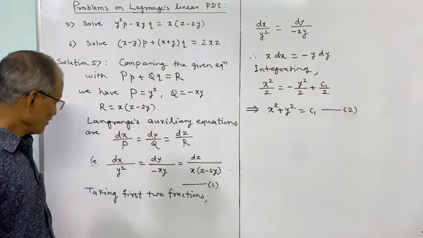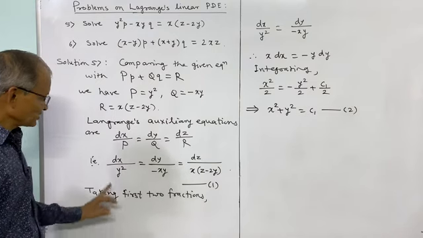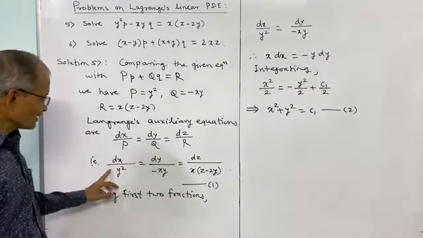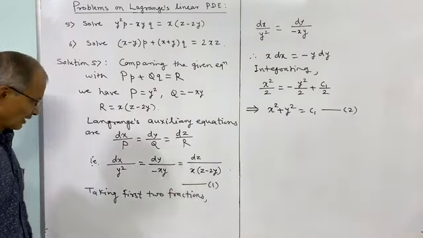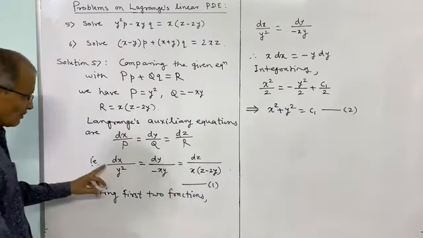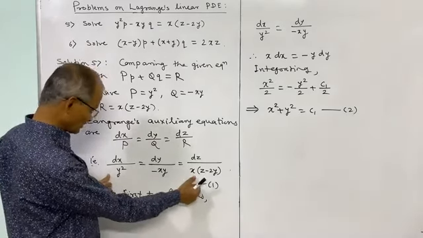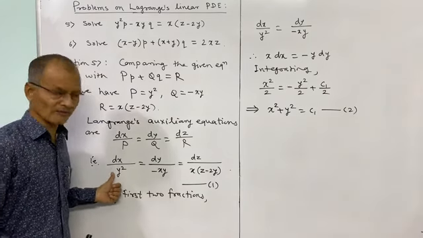Now one more independent solution we have to obtain from 1. Now we think about which ratios can be taken. Whether first and second and third, or first and third can be taken together. If we consider first and third, here we can't cancel this term. There is no term of y, here it is only the term of y square.